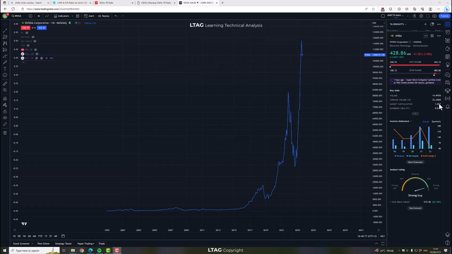It has a market cap, as you can see over here on the fundamentals tab of TradingView, of just over $1 trillion. Its annual revenue is shy of $27 billion. So on a revenue multiplier, it's close to 40 times.